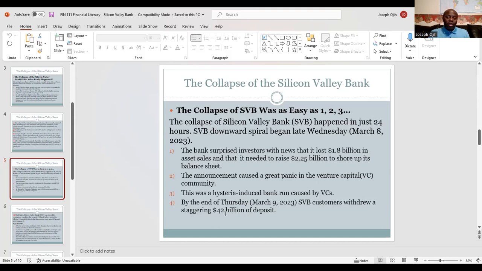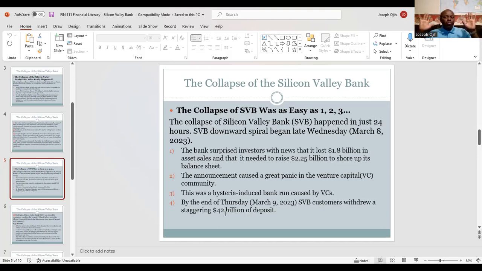surprised, like I said, they surprised the investors with that announcement of $1.8 billion in asset sales, and they sold assets worth that amount. The CEO of the bank, as part of the announcement, said they needed to raise at least $2.25 billion to be able to shore up their balance sheet, and of course meet the depositors' demand for withdrawals.